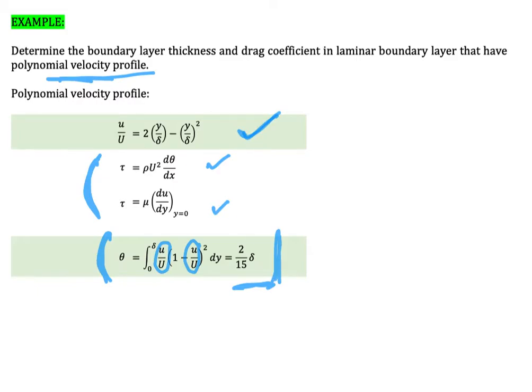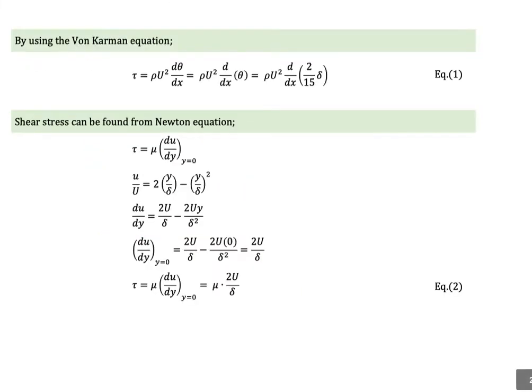What you need to do is very simple. We start with the von Karman equation. So we have tau equal to rho U square d theta dx, and then we substitute the value of theta here with 2 over 15 delta.